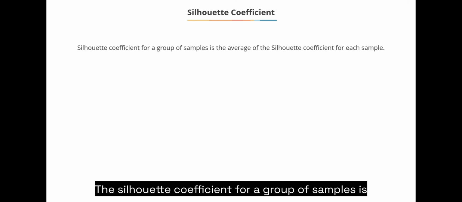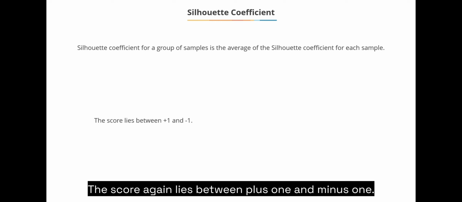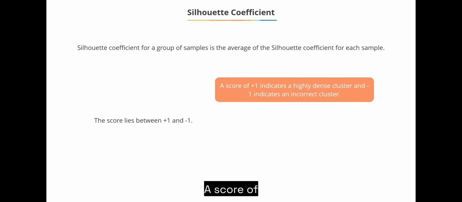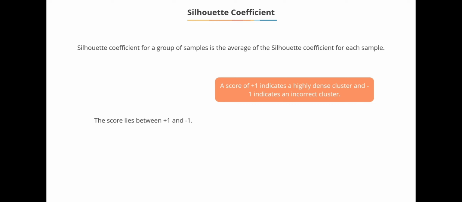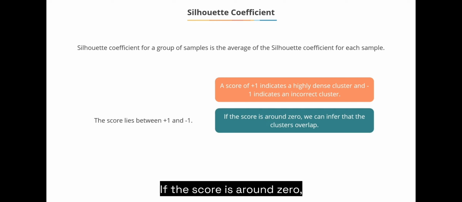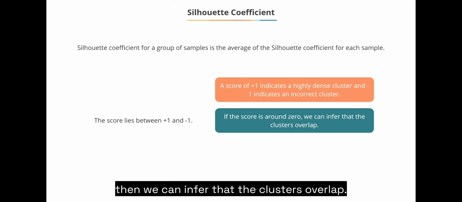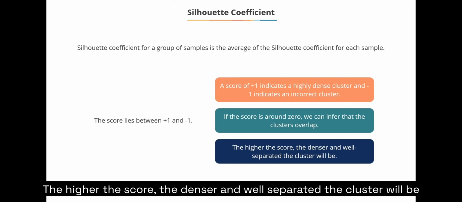The silhouette coefficient for a group of samples is the average of the silhouette coefficient for each sample. The score again lies between +1 and -1. A score of +1 indicates a highly dense cluster and -1 indicates an incorrect cluster. If the score is around 0, then we can infer that the clusters overlap. The higher the score, the denser and well separated the cluster will be.